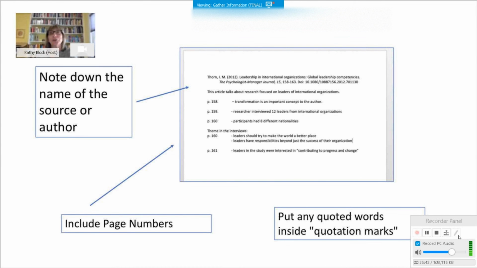Always track page numbers for each idea you take. If you're going to use an idea in your paper, you'll probably want to go back into that source and review that idea in a little bit more detail. And you'll also want to be sure, if you use it in your paper, that you have done the paraphrasing. And last, if you do include words that come from the original source, make sure you put them in quotation marks in your notes.